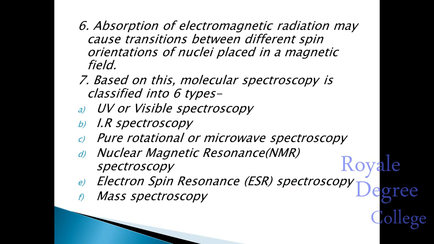Fourth one is nuclear magnetic resonance spectroscopy, abbreviation NMR. And next is electron spin resonance spectroscopy, ESR is the abbreviation. And the last one, the sixth type of molecular spectroscopy, is mass spectroscopy.